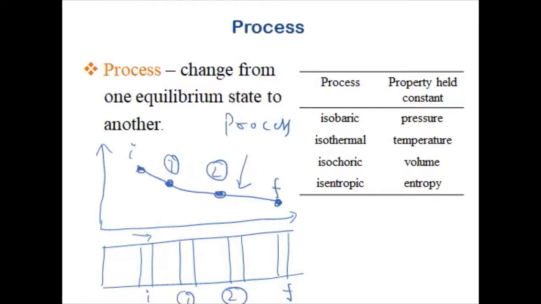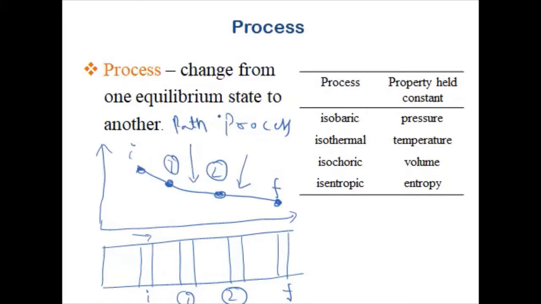As the definition suggests, it is a change from one equilibrium state to another equilibrium state. Here we can see that the fluid is changing its state from I to F, and in between we have infinite states. The path taken through all those states is known as the process, also called the path of the process.